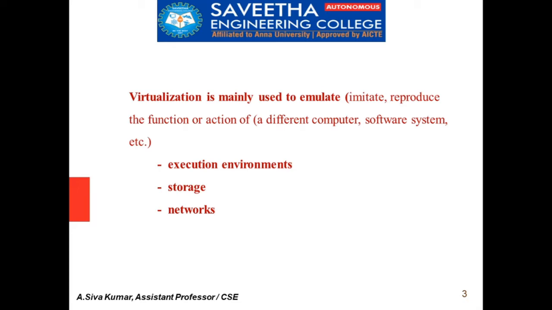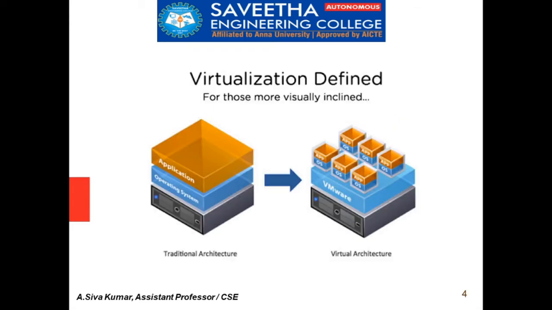Virtualization is mainly used to emulate, that is, imitate or reproduce the function or action of a different computer or software system, etc. It is about an execution environment, storage and networks. Virtualization definition: we go from a traditional architecture to the virtual architecture.